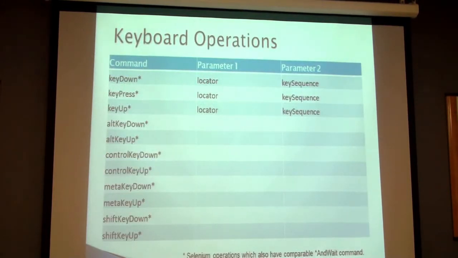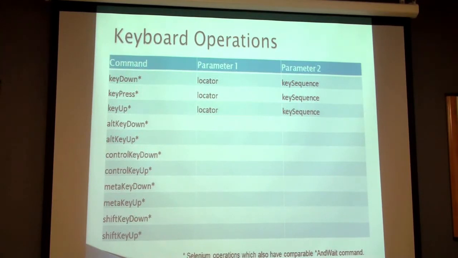Okay, keyboard operations. That's where we're trying to talk about different key combinations that impact the actual website. So for example, if you hold down a specific key, maybe the control key, and then you click stuff on the web page, what happens? It gets selected, right? Or maybe if you hold down the control key, you get the context menu.